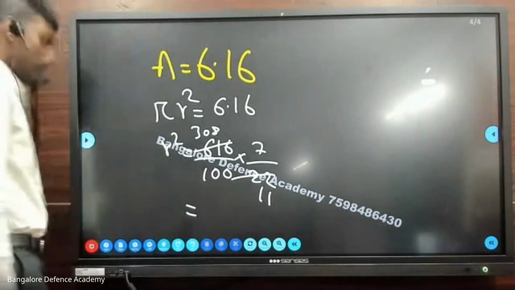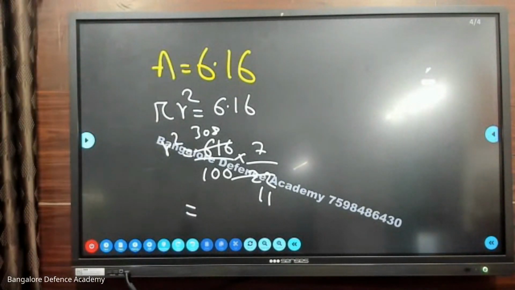क्या कितना मिला रेडियस? मैंने सही दिया क्वेश्चन. Radius you got 14.